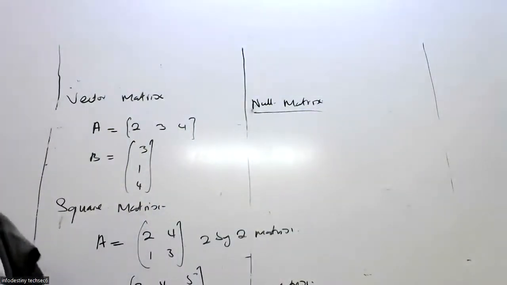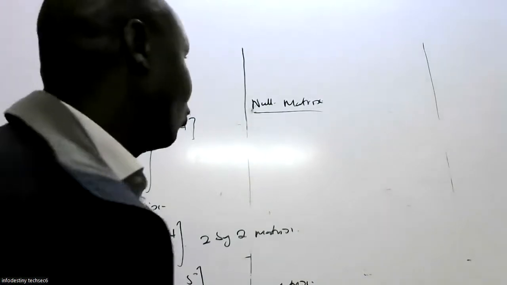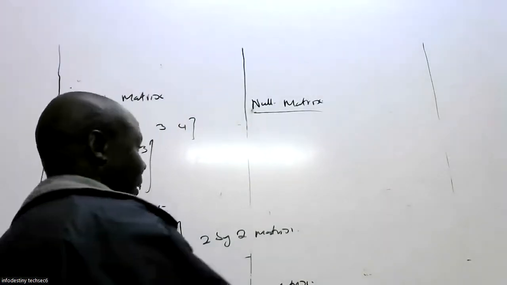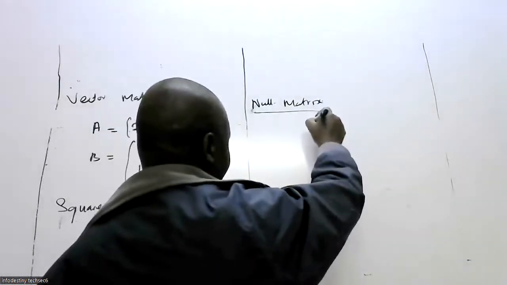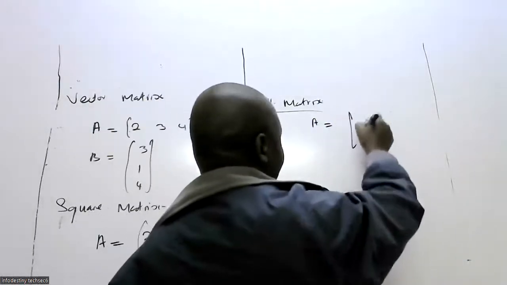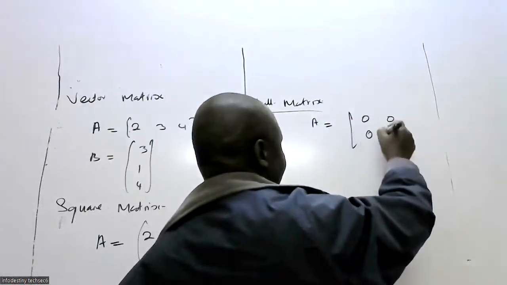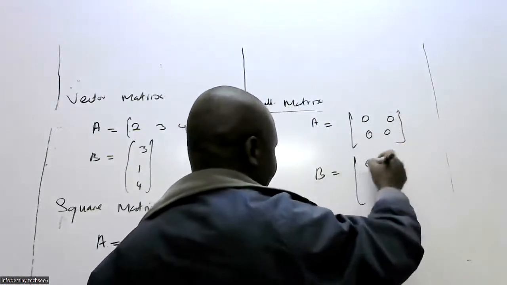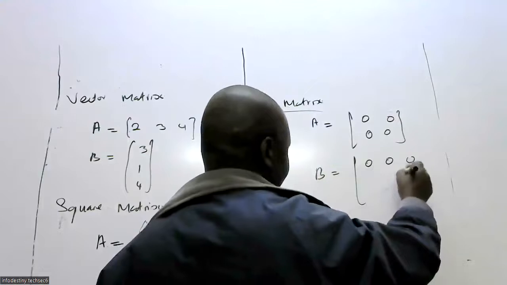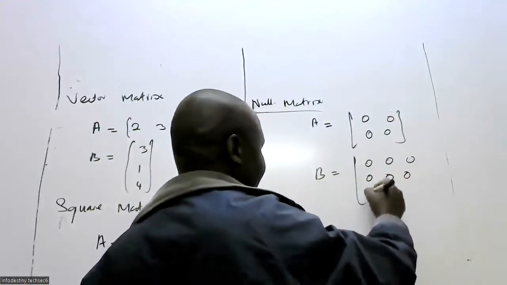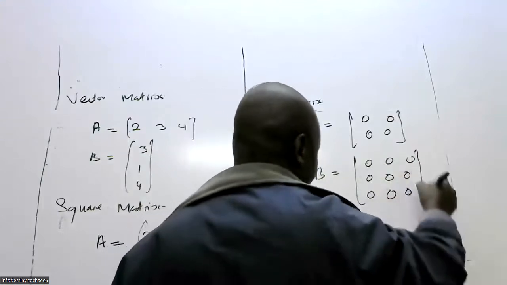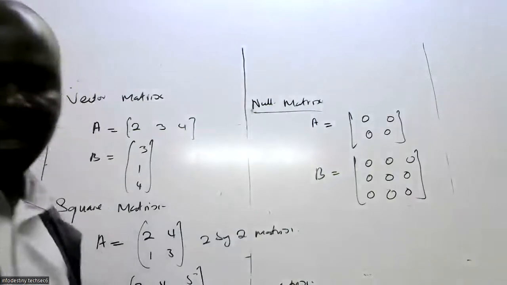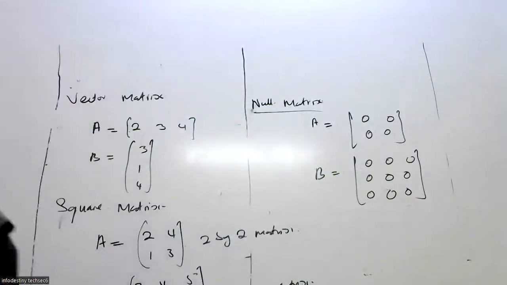A null matrix is a matrix whose elements are all equal to 0. Example, we can talk about A equals 0, 0, 0, 0. B maybe equals 0, 0, 0, 0, 0, 0, 0, 0, 0. That is known as the null matrix.